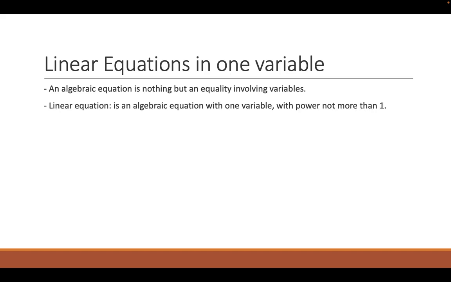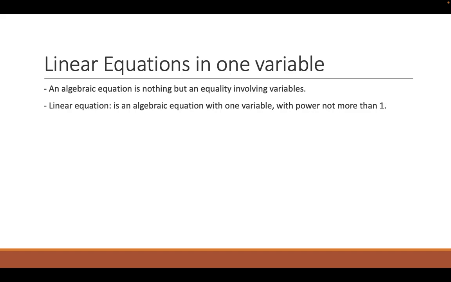Let's move on. So the first one is an algebraic equation, the top level kind of definition is equality involving variables. The basic definition of a linear equation is an algebraic equation with one variable and the power is not more than 1.